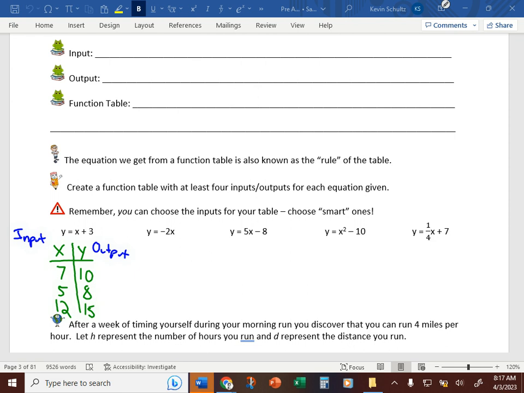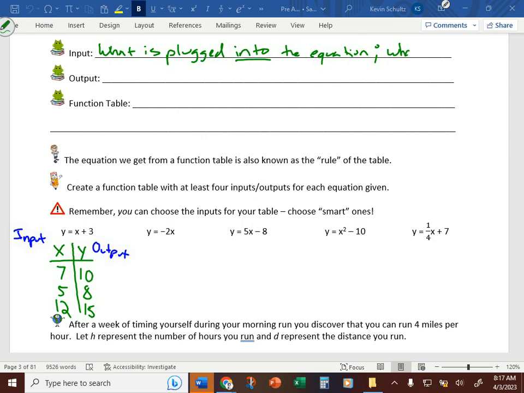Okay? So the input is typically, well, it's what is plugged into the equation, right? That's why it's called the input. It's what's plugged into the equation.